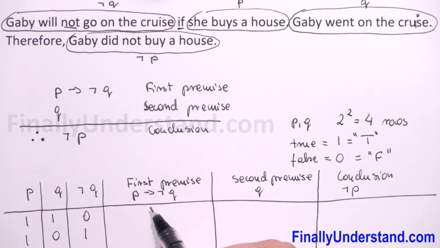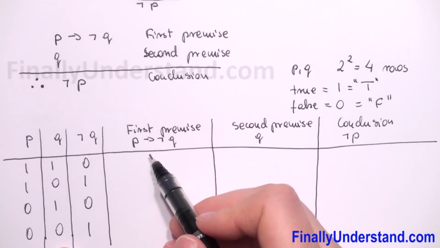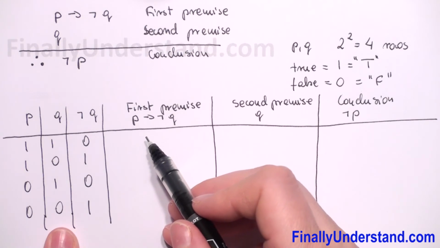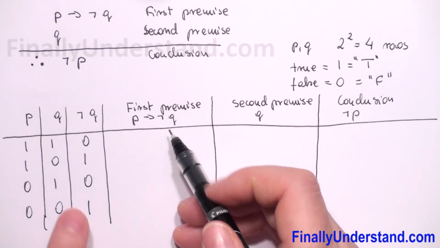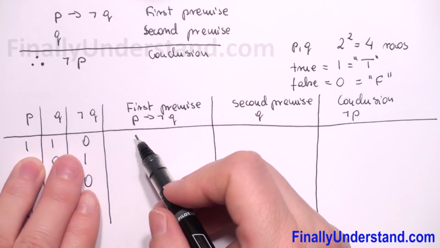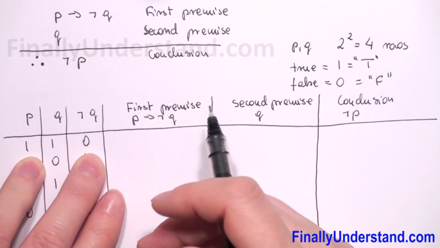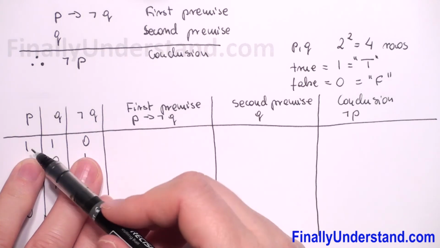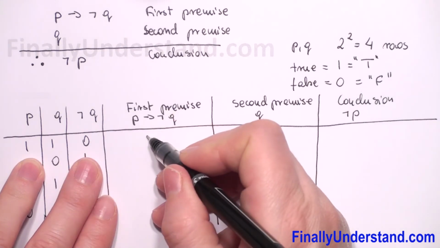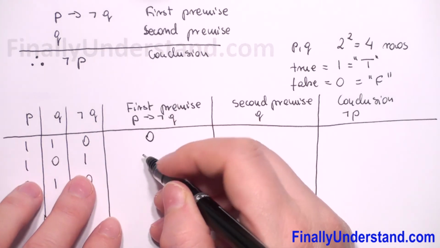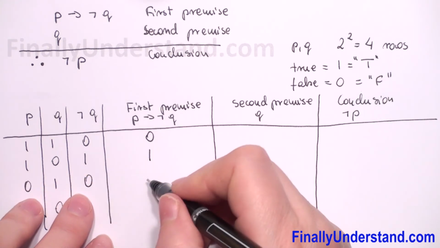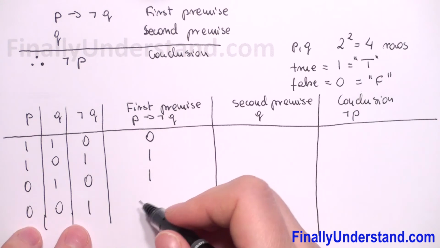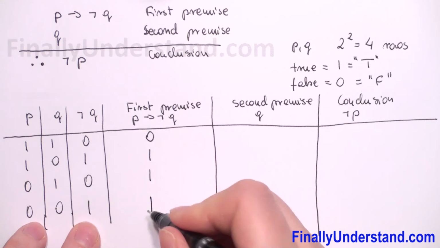We have a conditional statement, and we know that a conditional statement is false only when true implies false. So we have P and not Q. We have true implies false, so this is false. 1 implies 1, so it's true. 0 implies 0, so this is 1. 0 implies 1, so this is 1.